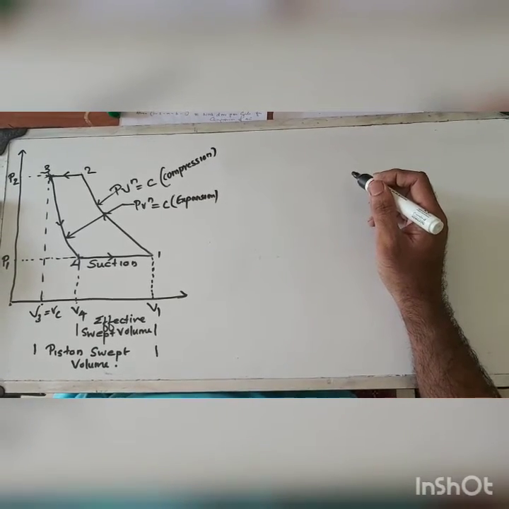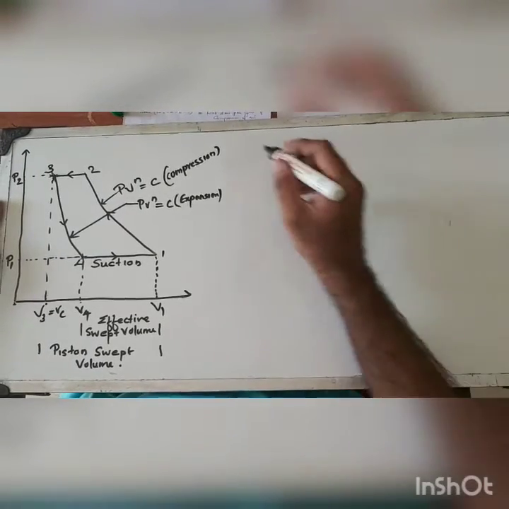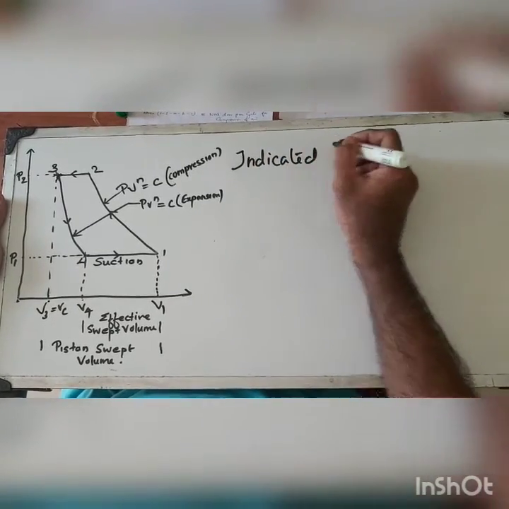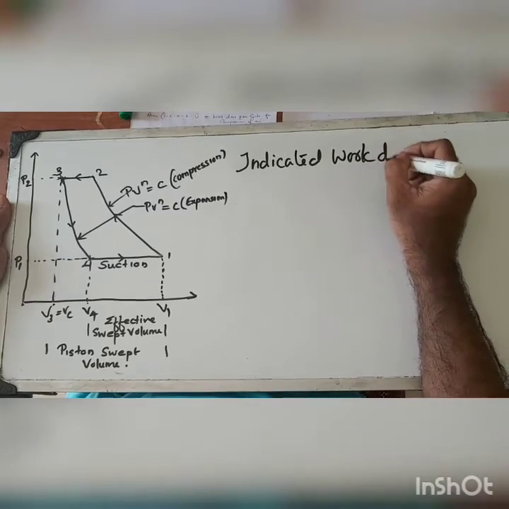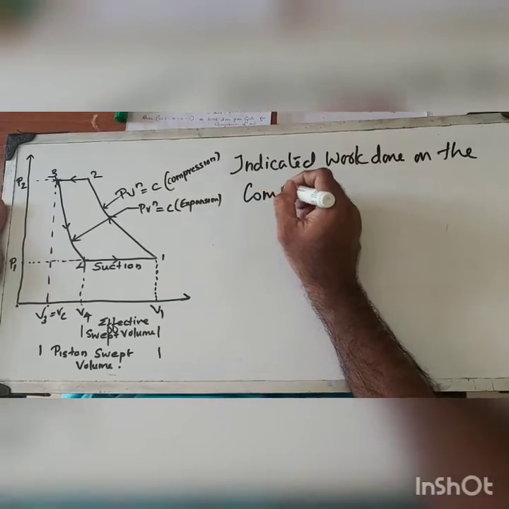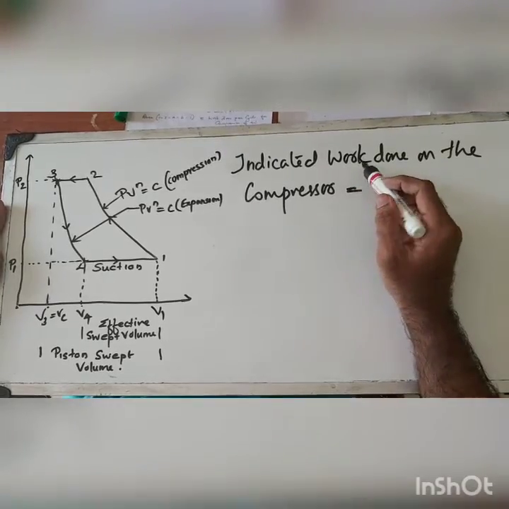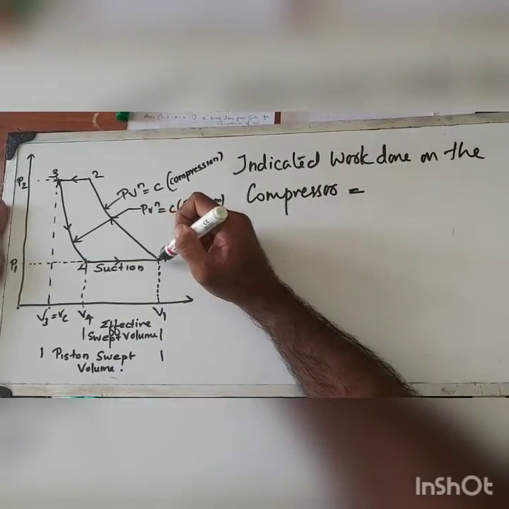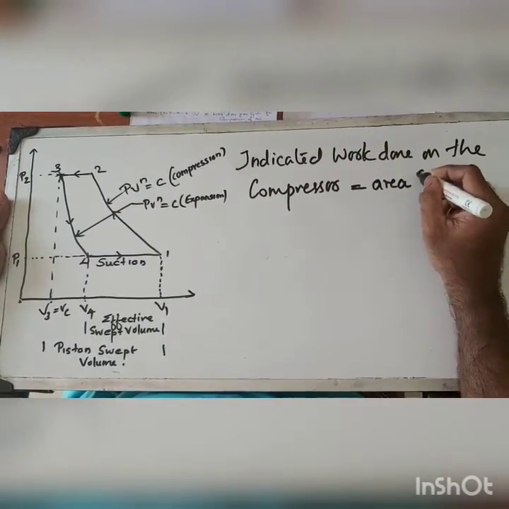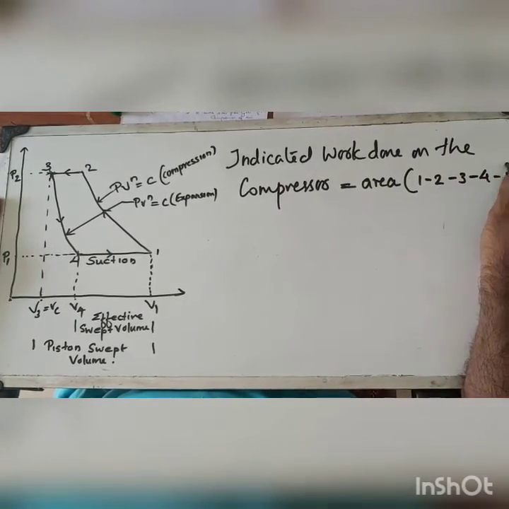So now we are going to derive the work done for the compressor. Indicated work done on the compressor is the area inside the PV diagram. Here the area is 1, 2, 3, 4, 1.